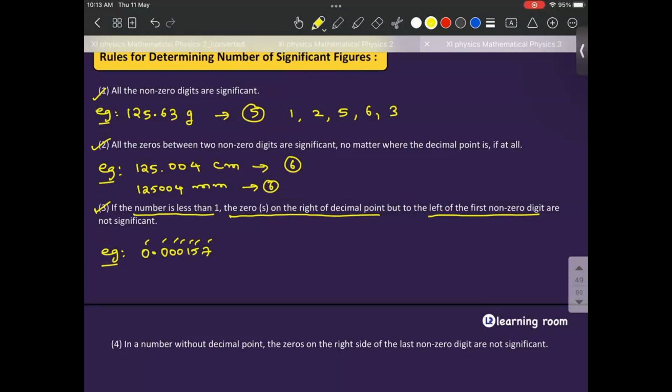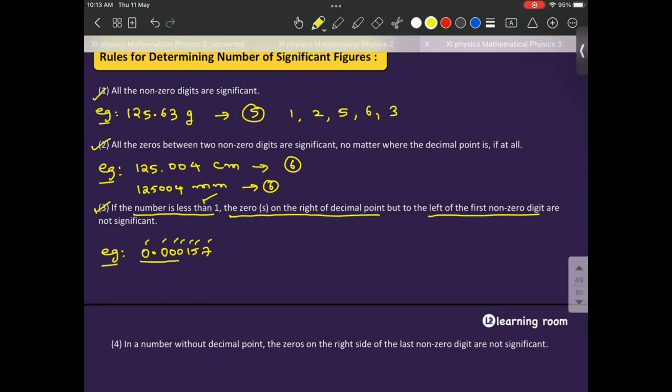So what the statement says is that if the number is less than 1, starting as 0 point something, then the zeros on the right of the decimal point but to the left of the first non-zero digit are not significant. So these 4 zeros are not going to be significant.